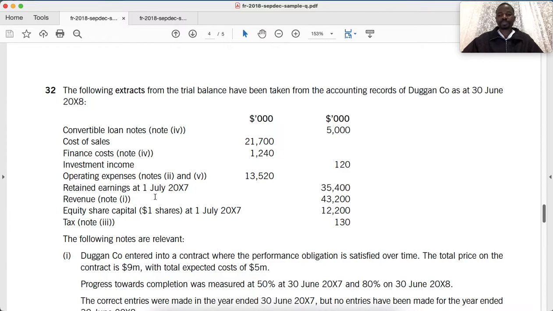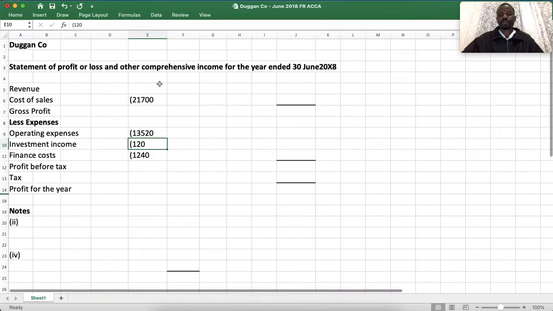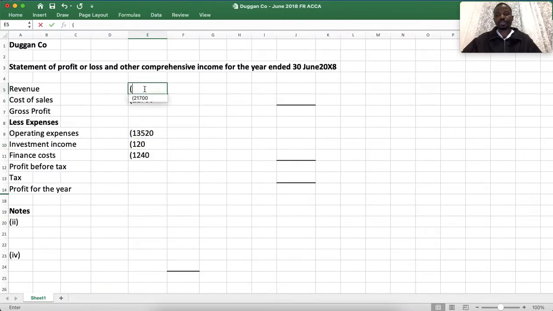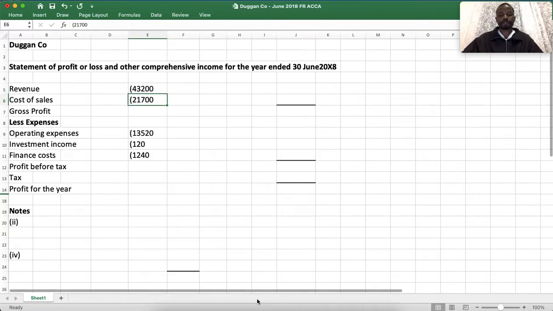Then retained earnings, they only affect our statement of financial position. So we're not taking that 35,400. Revenue, indeed we are taking revenue, 43,200. We go to our revenue, we say 43,200 like that.